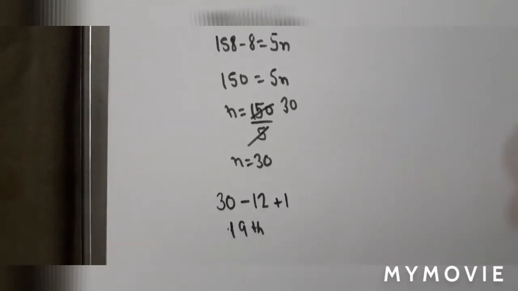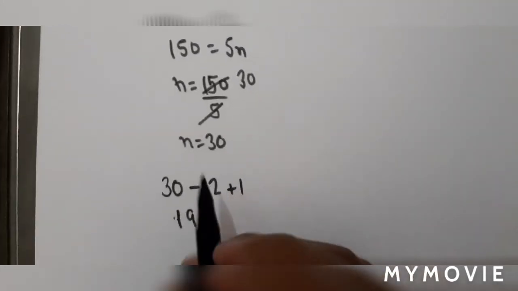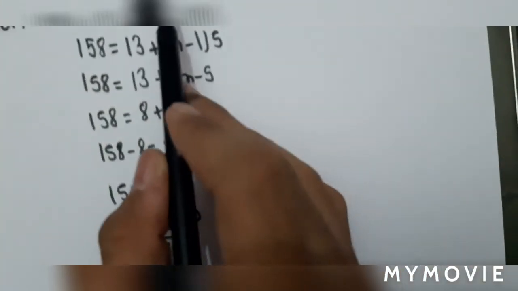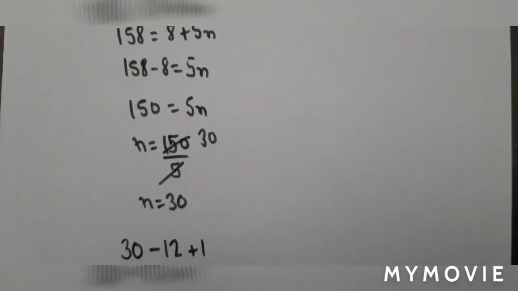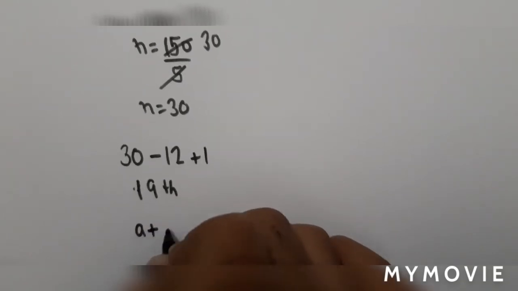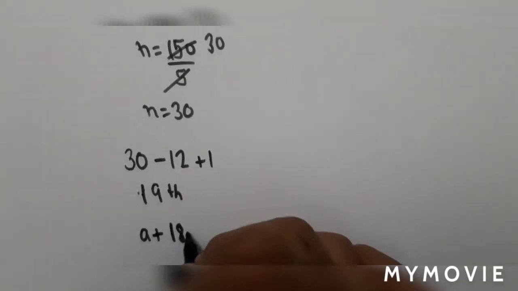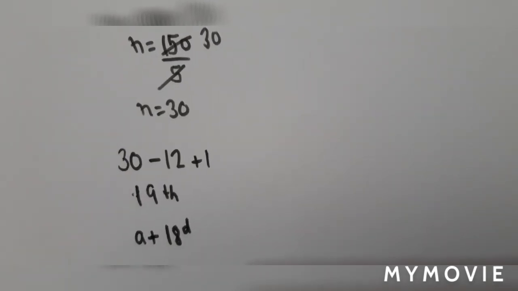So friends, why did I add 12 plus 1? Because you know friends, we are subtracting n minus 1 here. So from the last we should add one more. So you will get the 19th term. So the formula of the 19th term is a plus 18d.